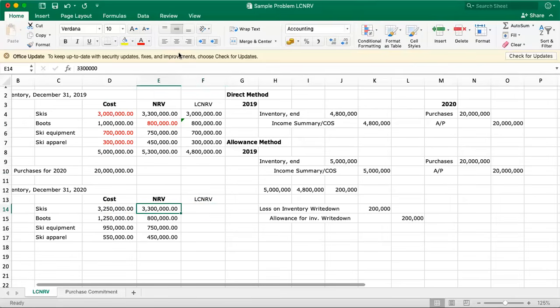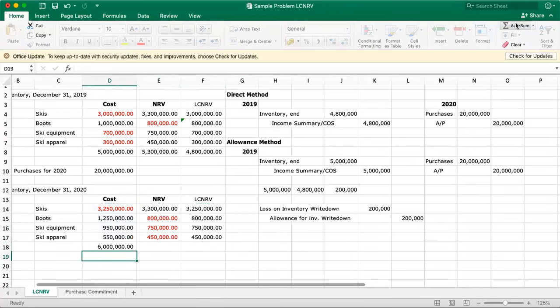That's 3,250, so the cost is lower. For boots, the NRV is lower. For ski equipment, the NRV is lower. For ski apparel, the NRV is lower. Therefore, this is 3,250, 800, 750, 450. What is the total cost, at 6 million, the total NRV, and the total LCNRV?